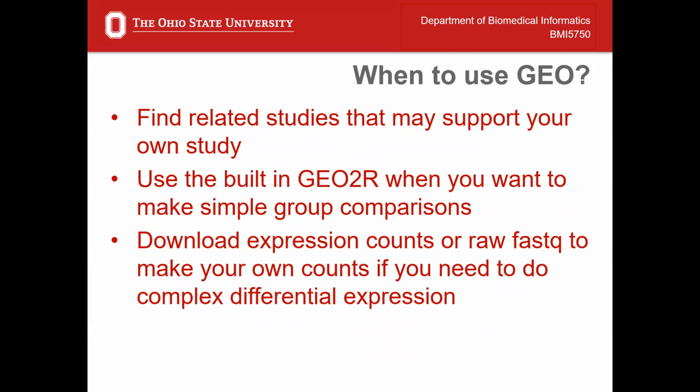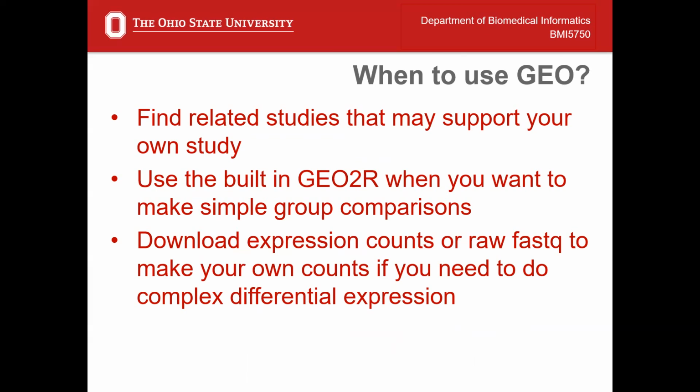So when would it be a good idea to use the Gene Expression Omnibus? If you want to find studies that are related to your own study, which may support or not support your own findings, this would be a good way to go.